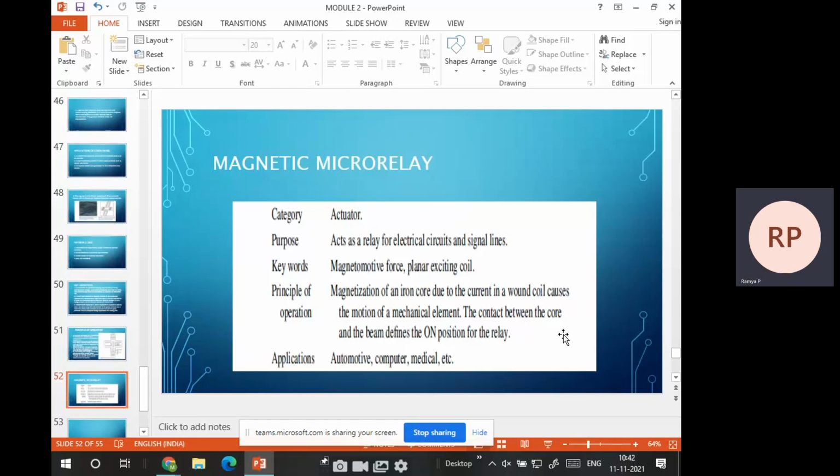Then it will sense and it is going to actuate also, right? It is going to take its own decision. If it is crossing the predetermined value, it is going to cut down the power itself. What about relay? Is a relay a protective device or not? It's a protective device.